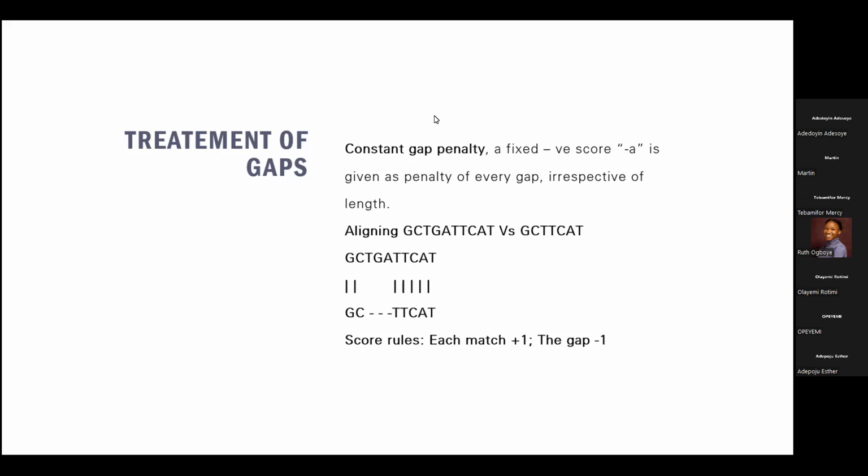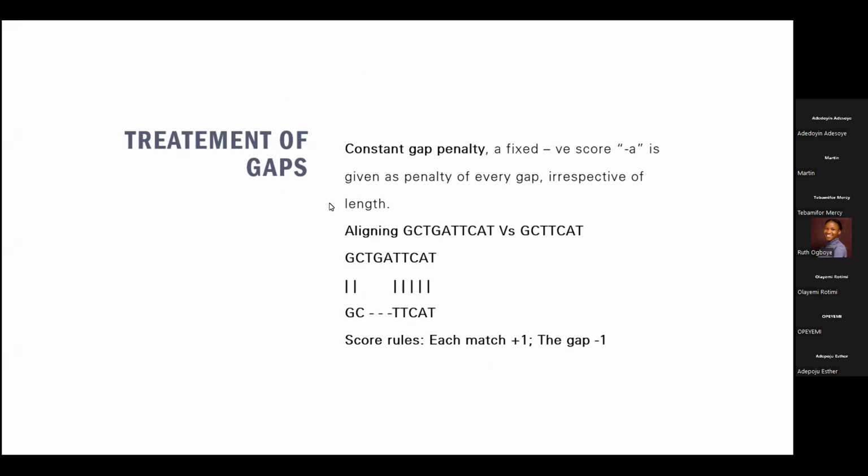So for Barakat, let me go over the calculation again. We have two sequences. We have GCTG, ATT, CAT, and for the second sequence, we have GC, three gaps, TT, CAT, yeah?